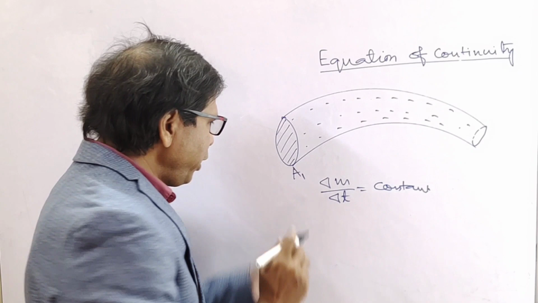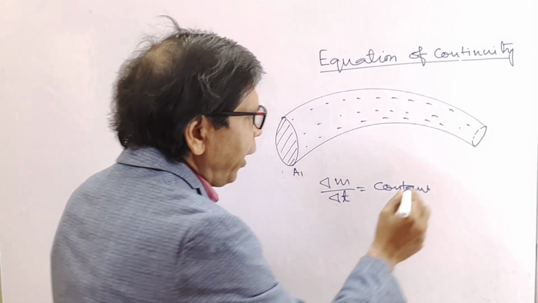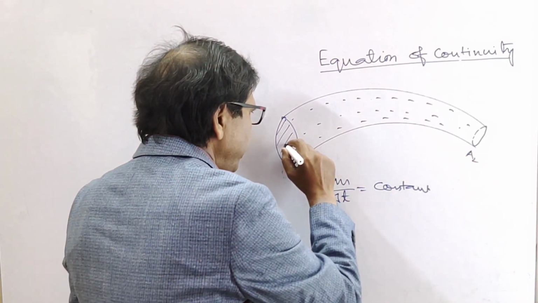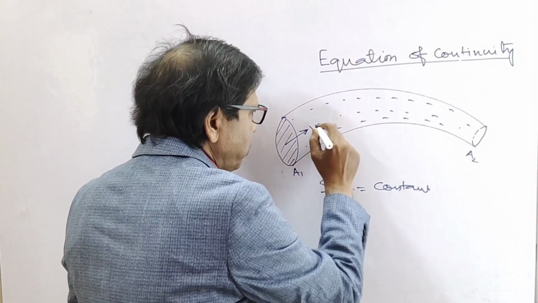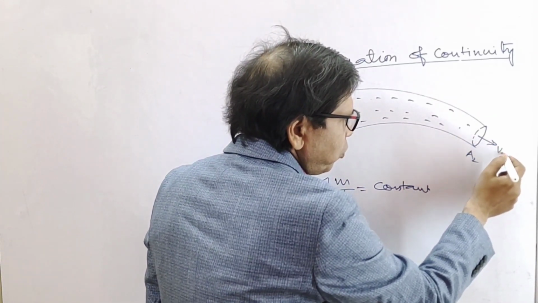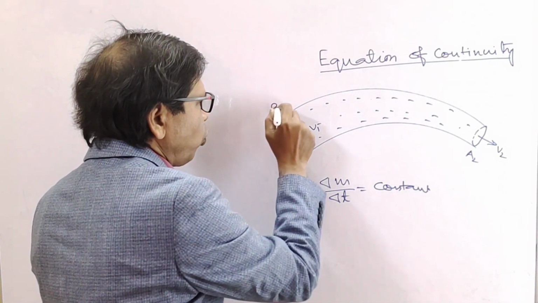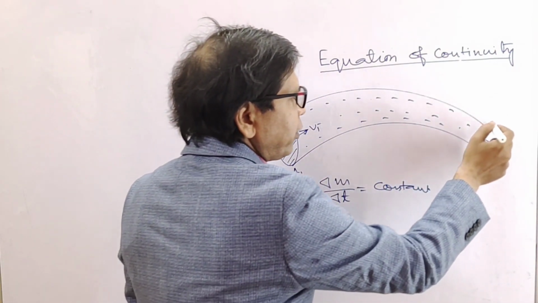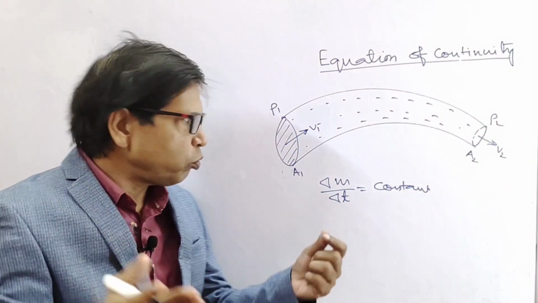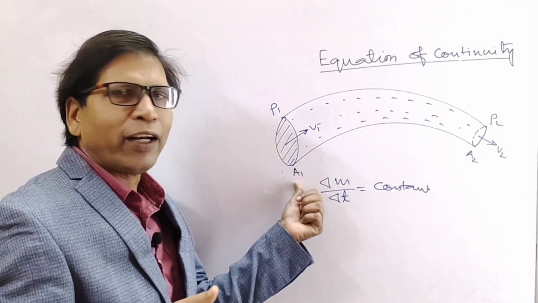Suppose the area of cross section at this point is A1 and here A2. The velocity of flow at this point is v1 and here it is v2. The density of fluid at this point is ρ1 and this is ρ2. The rate of volume of fluid flow through this cross section is v1 A1.